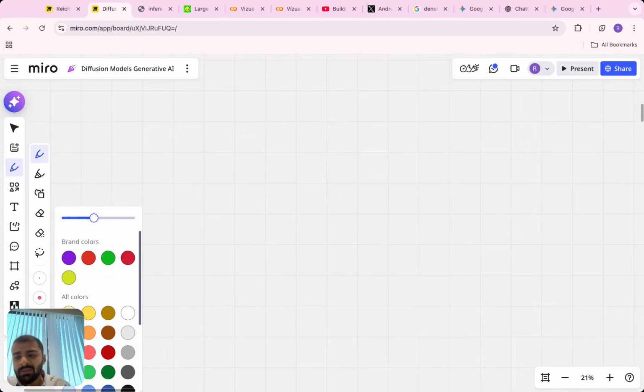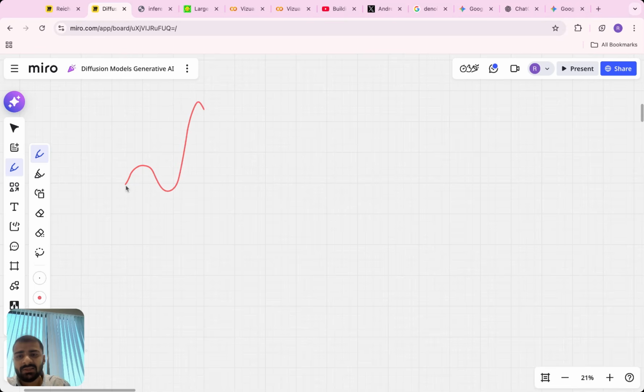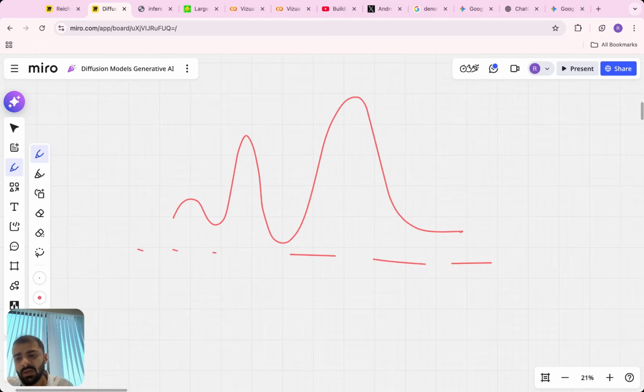Let's say this is the probability distribution of a Chinese symbol data set, right? What this actually means is that if we sample from this point, if we sample from this point, if we sample from this point, that will give us a high probability of finding a Chinese symbol.